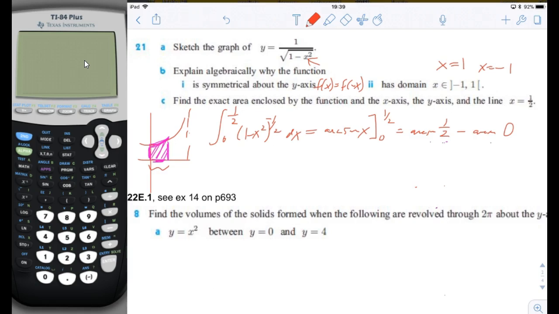Because the sine of 0 is 0. So what is the arc sine of 1/2? Let's see, what angle has a sine of 1/2? It would be 30 degrees, right? Yeah, 30 degrees. So it would be pi over 6 minus 0. So pi over 6.